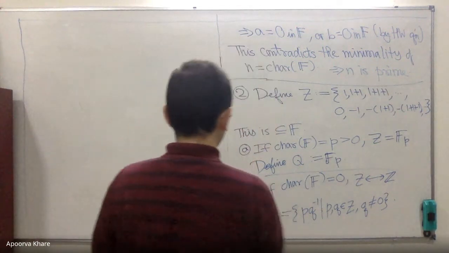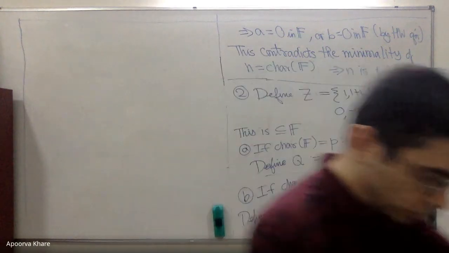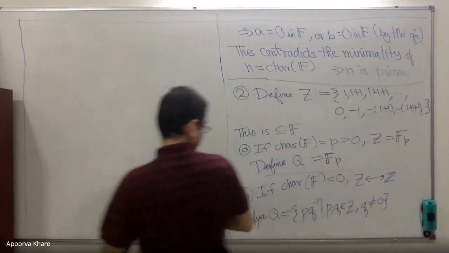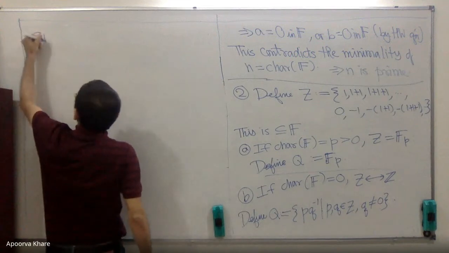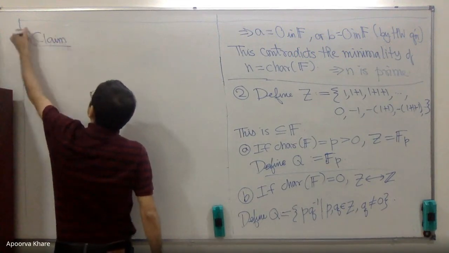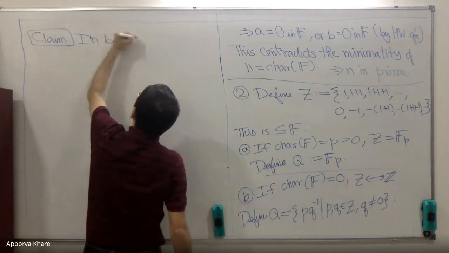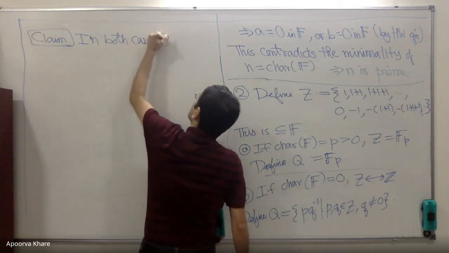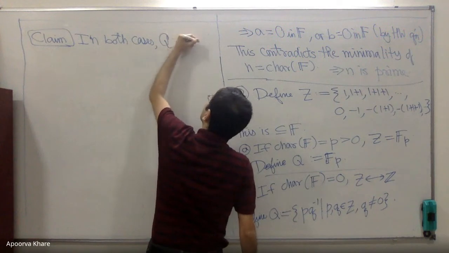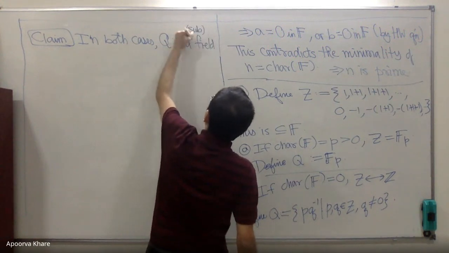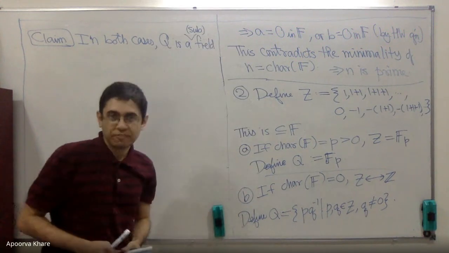Okay, so why is Q, so let me see, what do I want to prove? I will see. So, okay, in both cases, meaning it's a subfield of F itself.